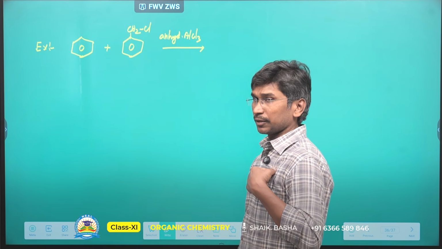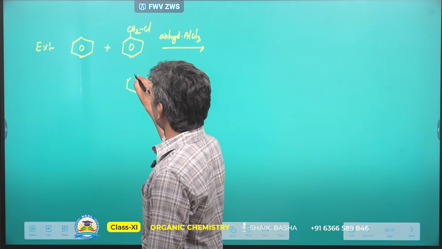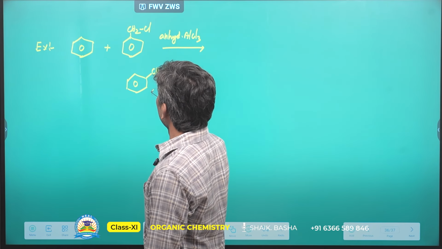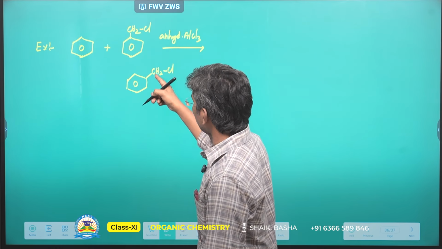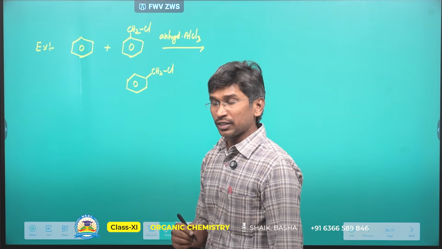So what is the product here? We can understand based on the electrophile formation only. Benzyl chloride, CH2Cl. Do you have any doubt? CH2Cl I have written here, but now I am taking the right side. Both are the same. Only one substituent is there.